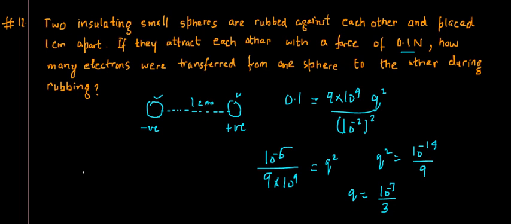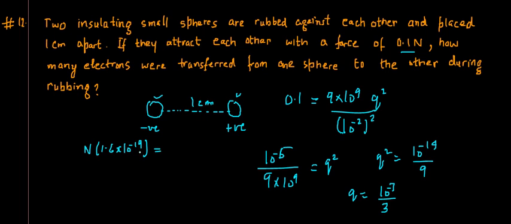Okay, and we know that the charge on each sphere must be the number of electrons, either in deficiency or in excess, times the charge on an electron, and the charge on an electron is 1.6 into 10 to the power of minus 19.